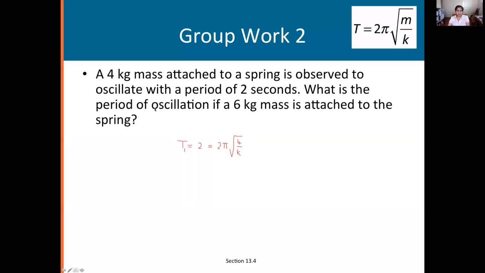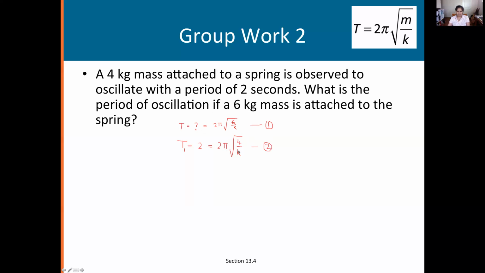What is the period of oscillation if a 6 kg mass is attached to the spring? So I want the case for a 6 kg mass. This is what I'm looking for. I'm just going to call it T. And it's going to be given by 2 pi under root 6 over k. Since it's the same spring, it's the same k. And I'm going to divide equation 1 by equation 2.